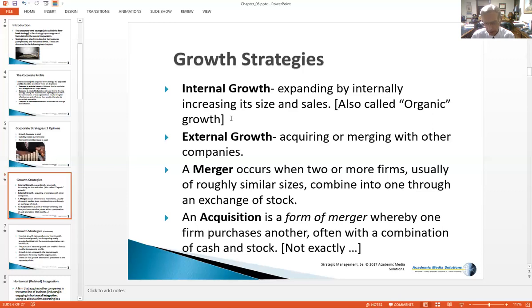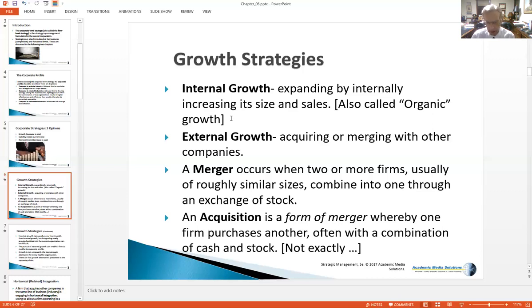But in any event, they become one company, and the ownership of the combined corporation is shared pro rata by the prior owners of the individual companies.